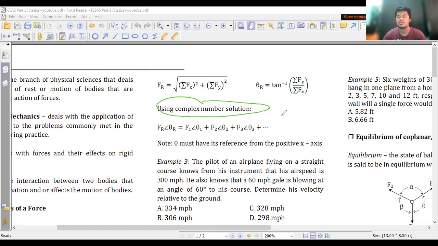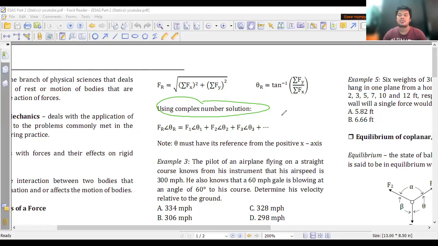Our calculators nowadays can perform complex number operations, so simply shift your calculators to complex number mode, and then add all the forces. We call this vectorial addition, because we have to consider the magnitude and at the same time the direction of each force.